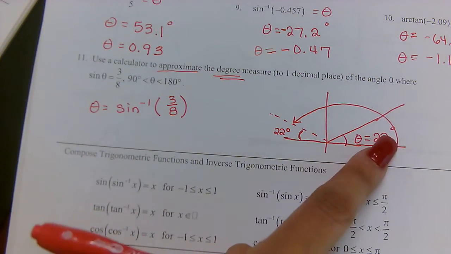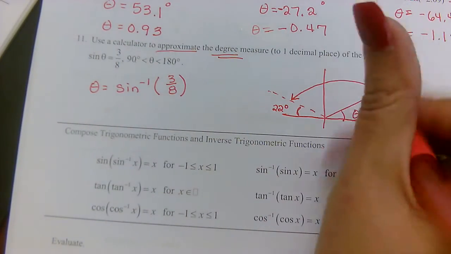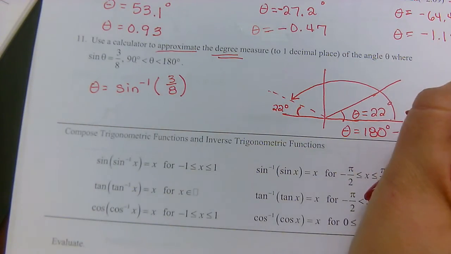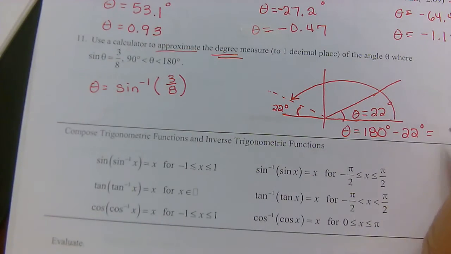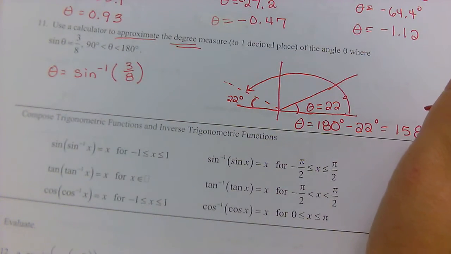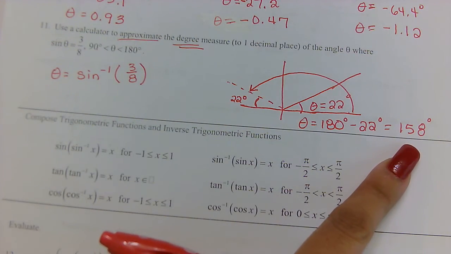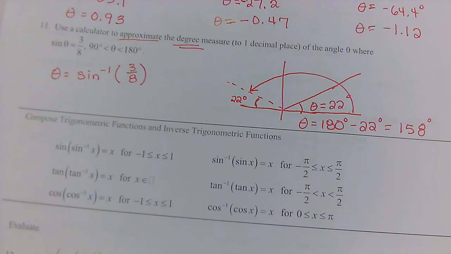So how do I find the entire distance over here? Well, that's going to be theta is equal to 180 degrees minus 22 degrees. Use your calculator and you find out that to be 158 degrees. So theta has to be 158 degrees, and that will give me that specific ratio.